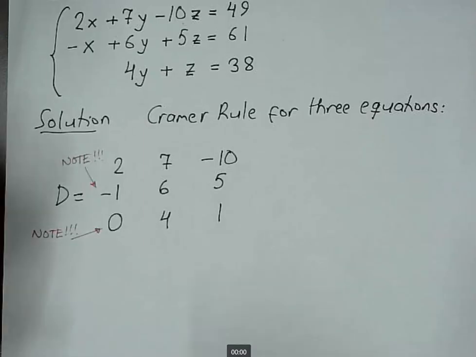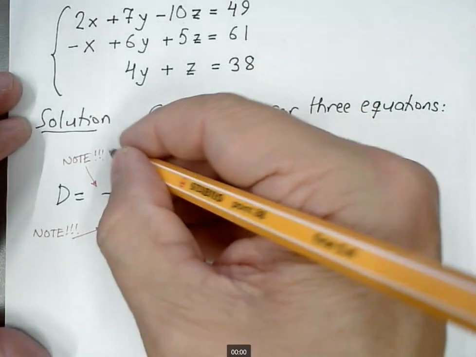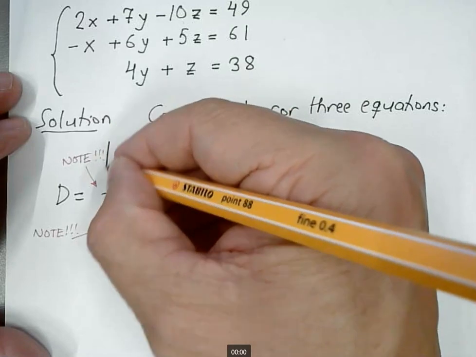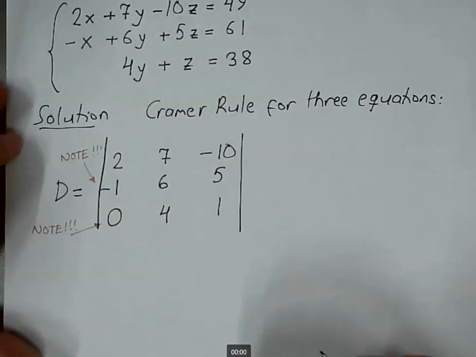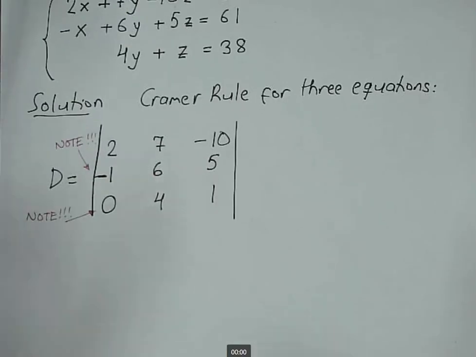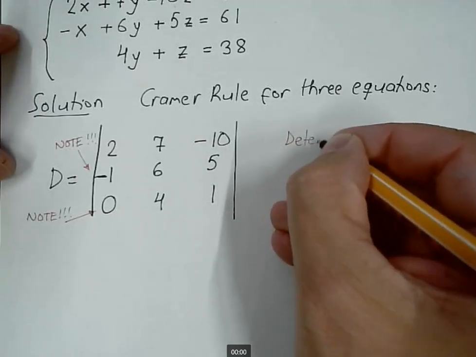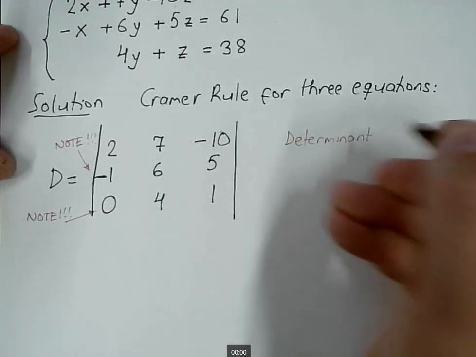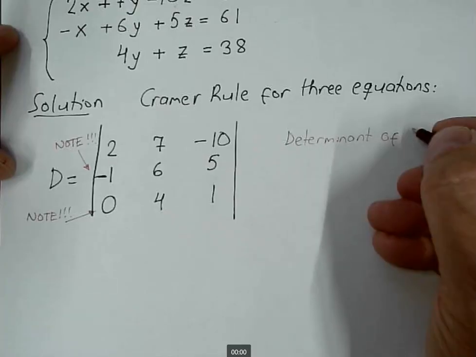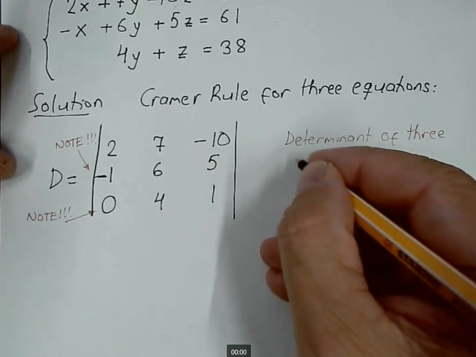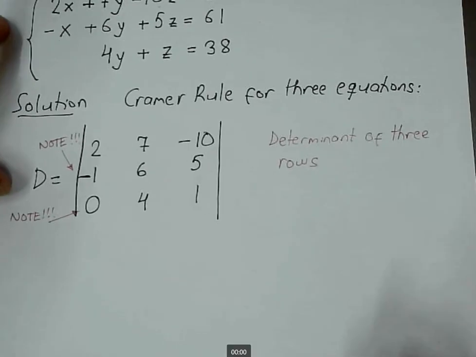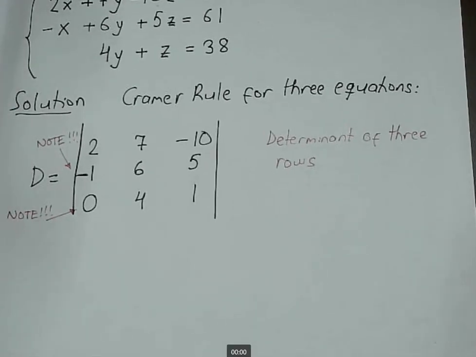And this is a determinant of 3 rows. I will use those determinant lines there. Of 3 rows. Or you could also say a determinant of order 3.